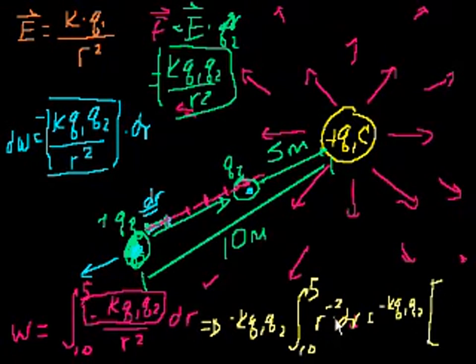We don't have to worry about plus c because it's a definite integral. r to the negative 2, what's the antiderivative? It's minus r to the negative 1. Well, the minus on the minus r will just cancel with this, so that becomes a plus r to the negative 1. And you evaluate it at 5, and then subtract it evaluated at 10.